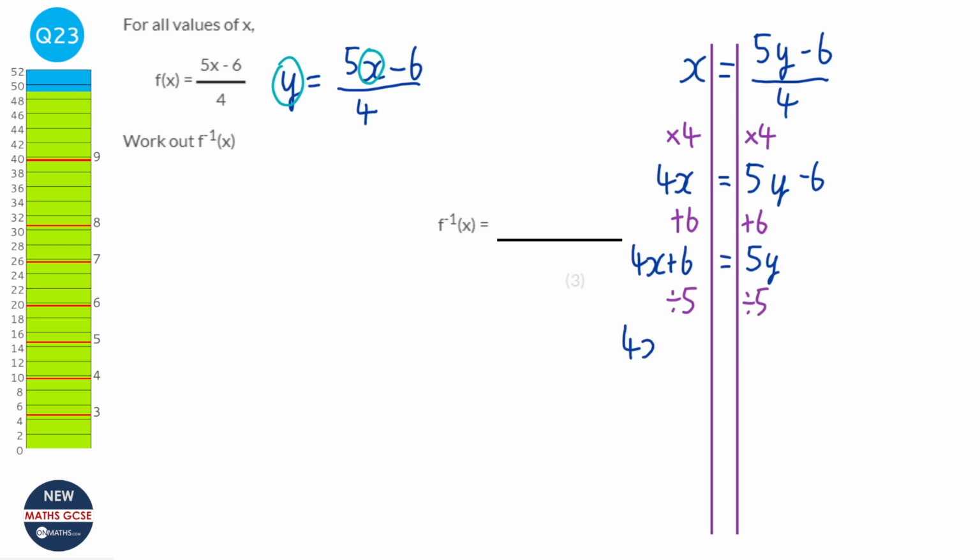So we've got 4x plus 6 over 5 equals y. And we use y as a replacement for the inverse function of x. And so we're just going to say the inverse function of x, which is what that minus 1 means, it means inverse, equals 4x plus 6 over 5.